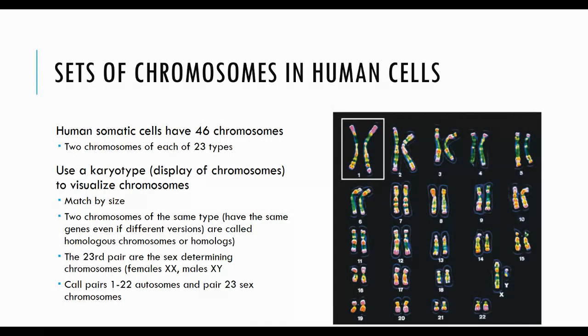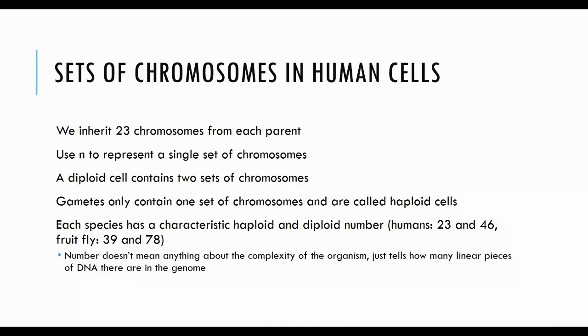So chromosome 1 is the largest, 22 is the smallest, except for the Y chromosome. In this individual's karyotype, I can see that it is a male because there's 1 X and 1 Y chromosome and 2 of everything else. We'll look more at karyotypes in a bit when we get to mutations.